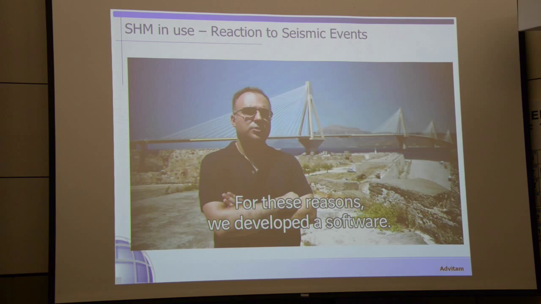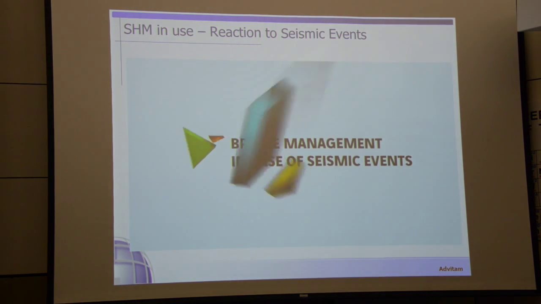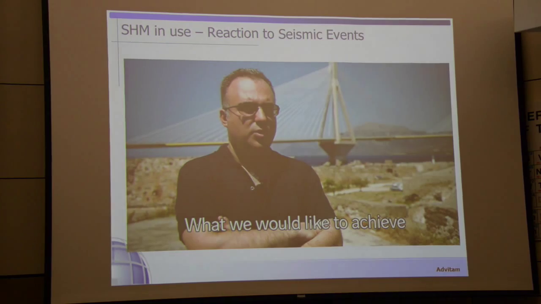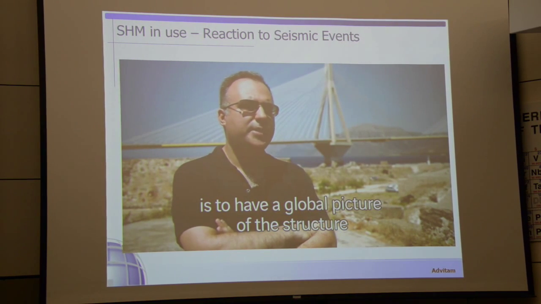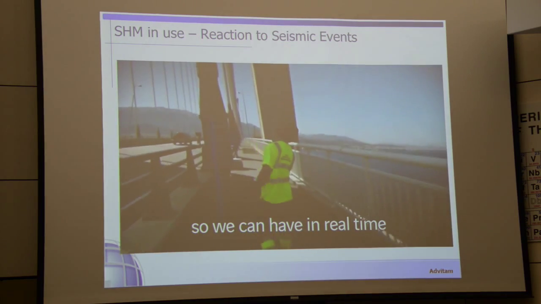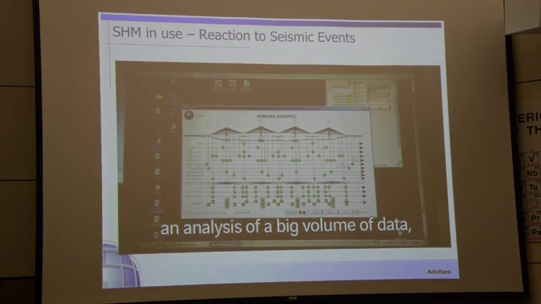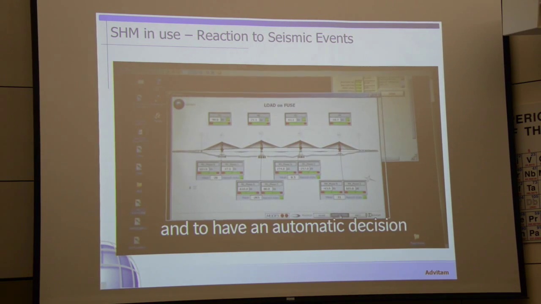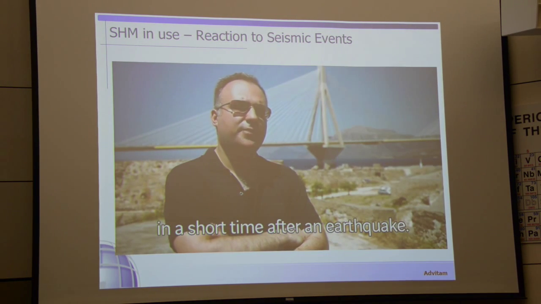For this reason, we developed a software. What we would like to achieve is to have a global picture of the structure. So we had to have in real time an analysis of a big volume of data acquired from the monitoring system and to have an automatic decision in a short time after an earthquake.